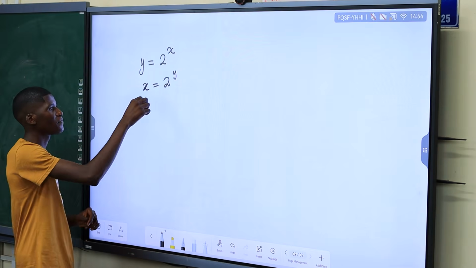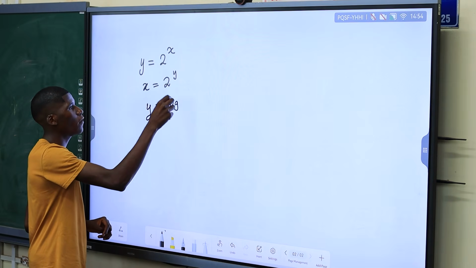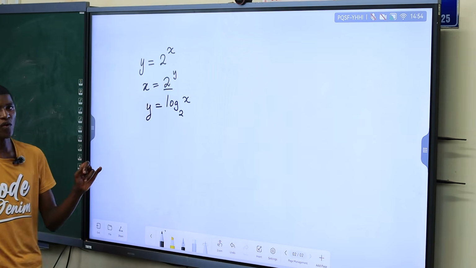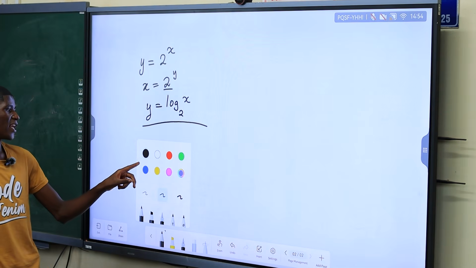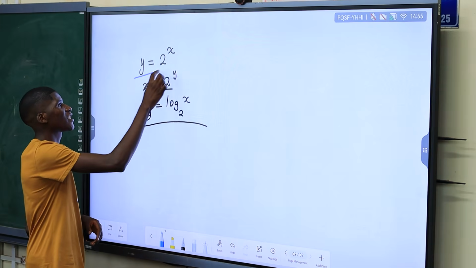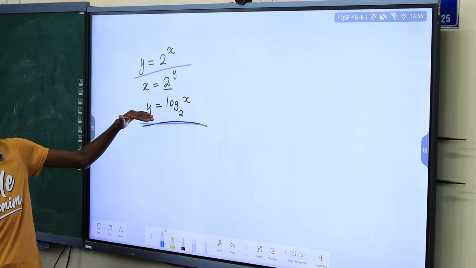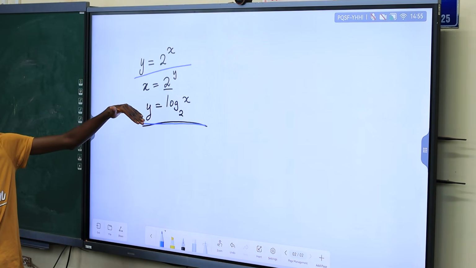So we introduce log. So y is log of the base, which is 2, and then the answer there, which is x. So this is the inverse of a general exponential function. So this is an exponential function, this is a logarithmic function. A log is an inverse of an exponential function, and also an exponential function is an inverse of a logarithmic function.